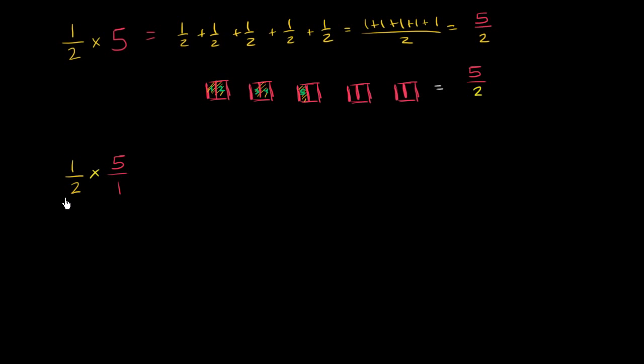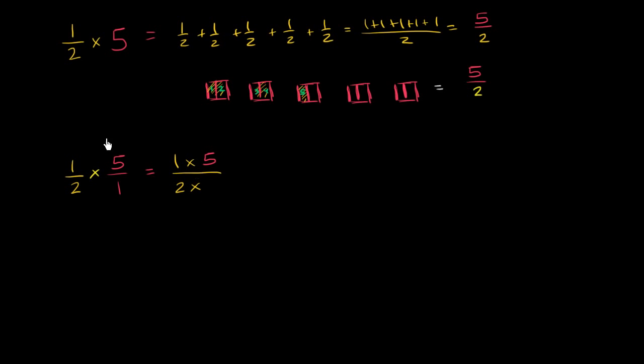So now that I've expressed both of them as fractions, I can just multiply the numerators: 1 times 5 over 2 times 1.